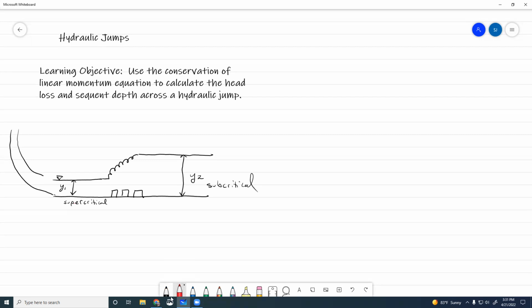And we might be able for this channel to calculate the critical flow depth. That's going to be just some constant based on the flow rate and the channel dimensions. So here's our hydraulic jump right here. And within that hydraulic jump, energy is lost.